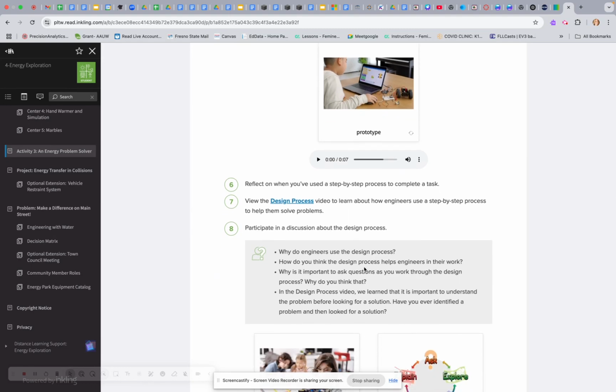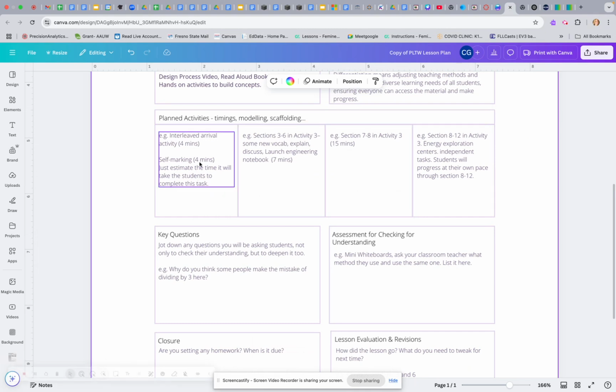So this could take probably the whole 20 minutes. It might be 20 or 30 minutes. So actually, if you were on this step, that might be all that you put down here. But you could put down, we read the story together, and that took 4 minutes. Then we watched the design process video, and you just look and see how long the video is.